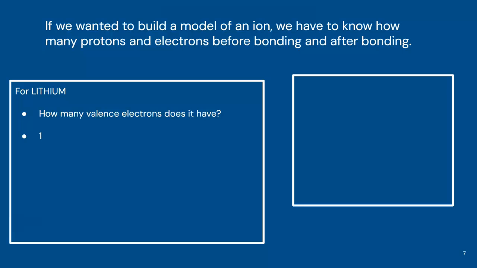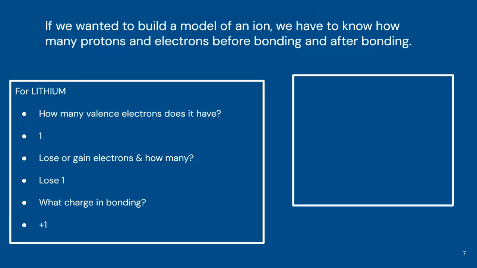Well, we know if an atom has 1, 2, or 3 valence electrons, it's always going to give those away. So this one is going to give away 1, and it only has 1 to give that's in the valence, okay? So what charge would that be in bonding? Well, if I lose an electron, I give away one of my negatives, I'm going to become a positive 1.